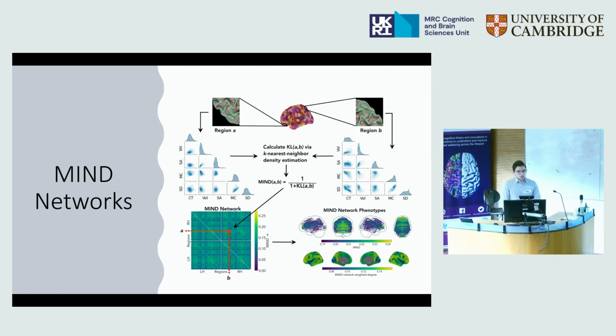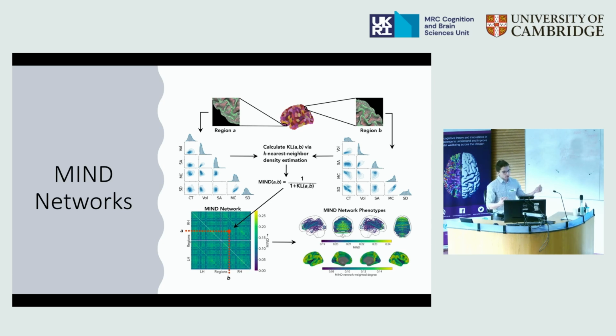The idea behind the method is that rather than representing a brain region by a vector of 5 to 10 summary statistics, let's include all of the vertex level high resolution information. So define a particular region by a distribution of vertices, and that distribution is multidimensional because at each vertex you have many different structural features: the depth at that vertex, the thickness at that vertex, the curvature at that vertex, and so forth.